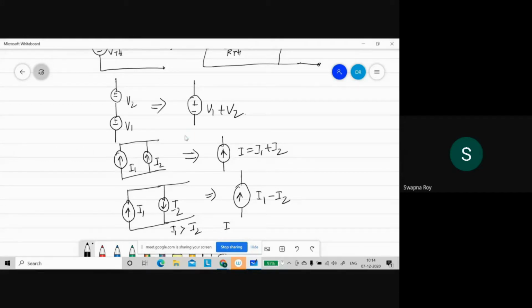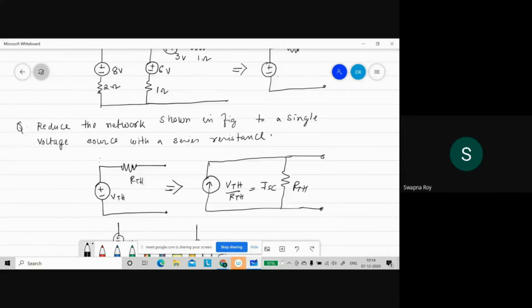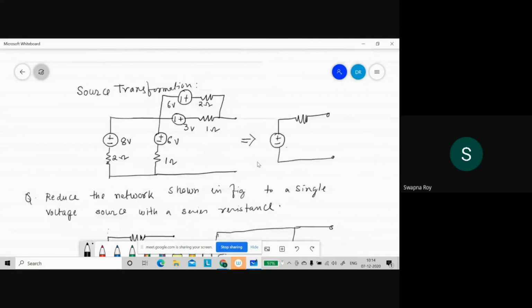If I2 is greater than I1, then it will be downwards, and the value will be I2 minus I1. Okay. So based on these principles, we have to reduce this network.